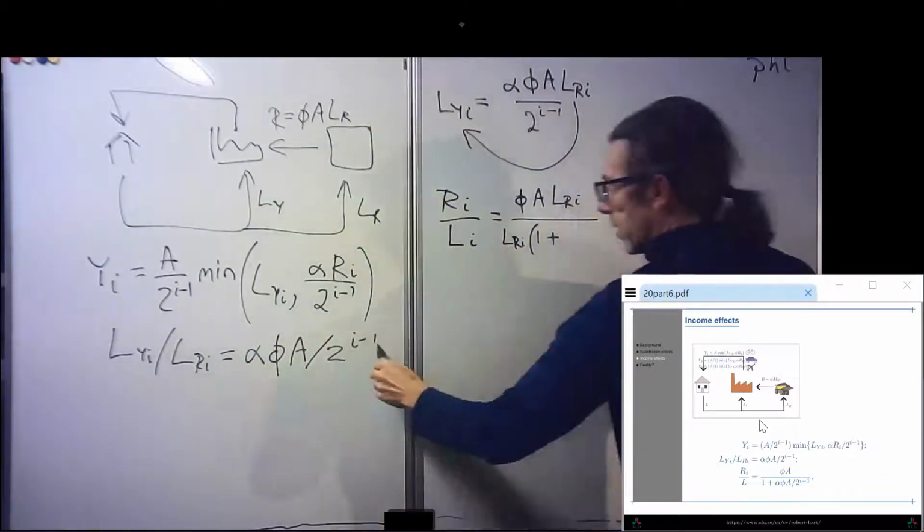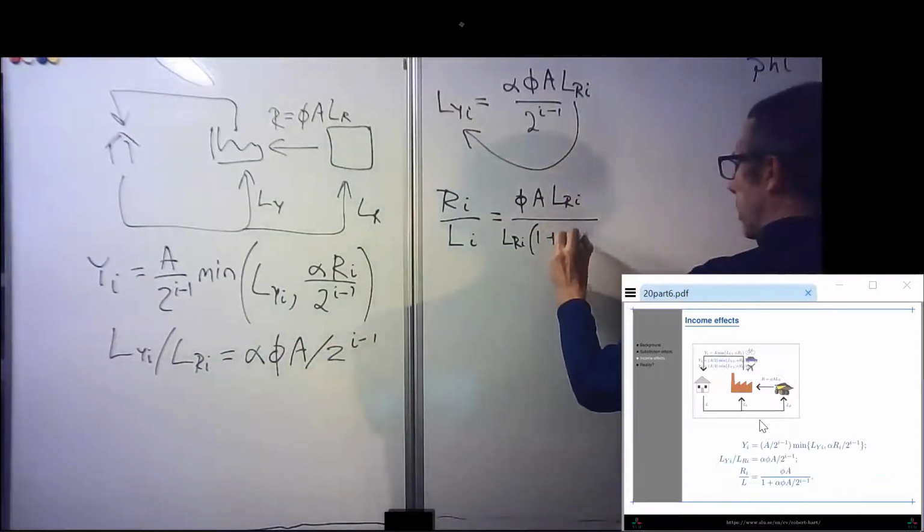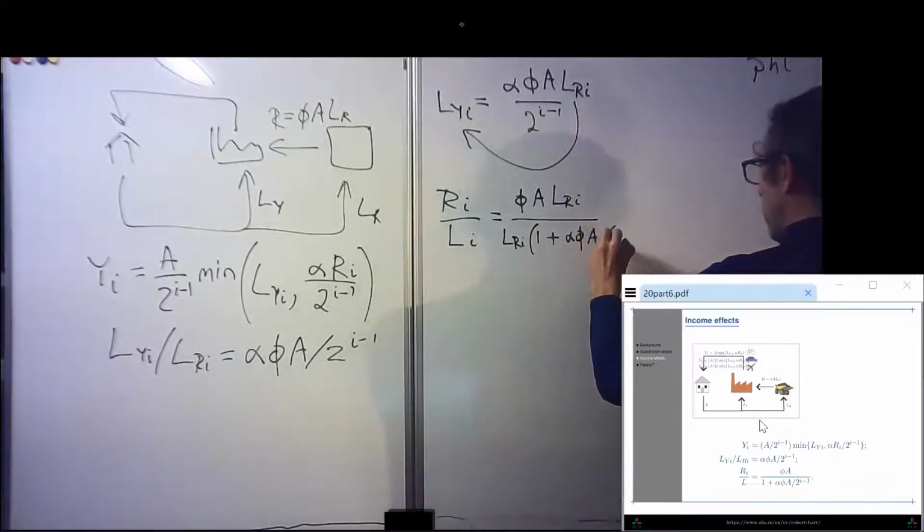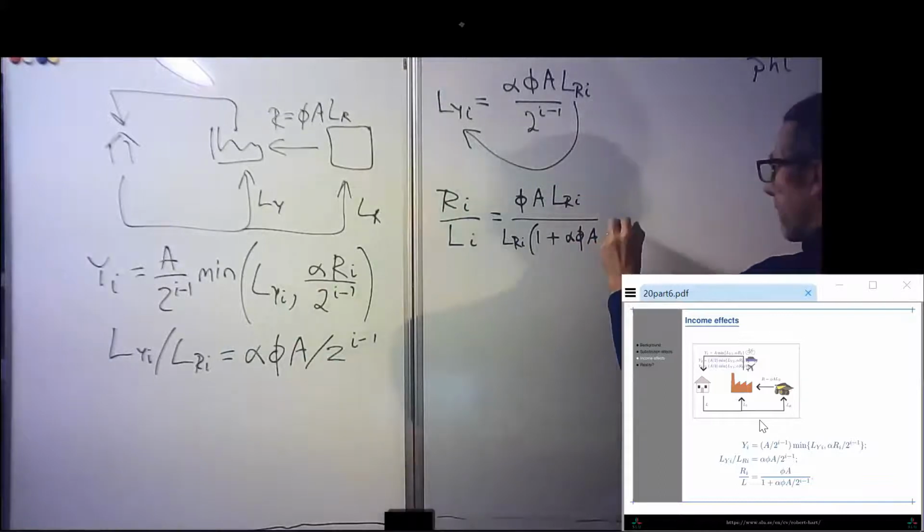L_RI times this, alpha phi A over 2 to the I minus 1.